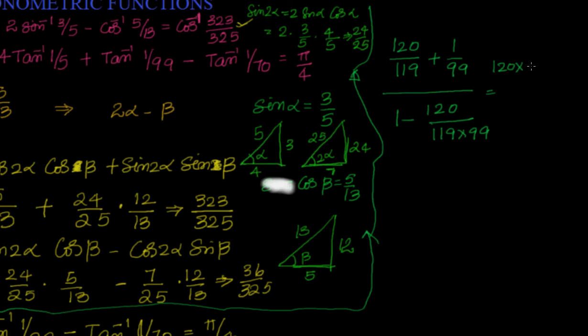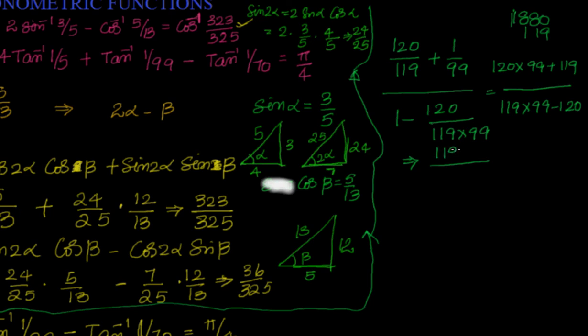120 into 99 plus 119, divided by 119 into 99 minus 120. This is equal to 99 into 120, which is 11,880, plus 119, that is 11,999.